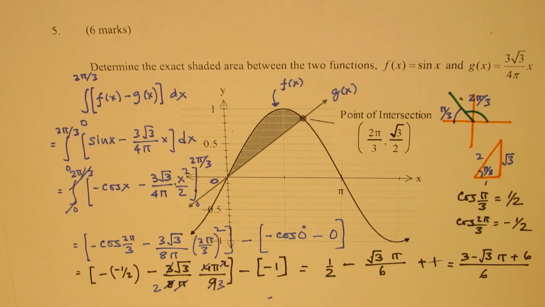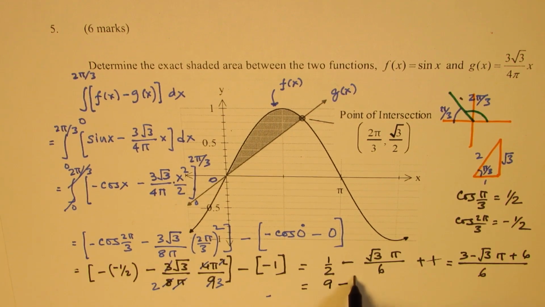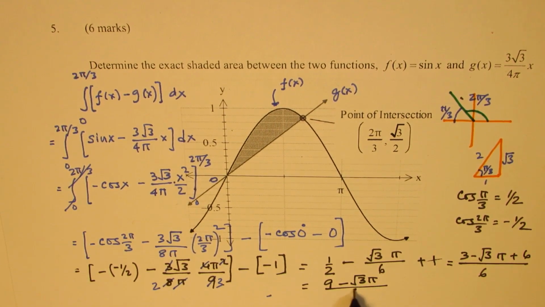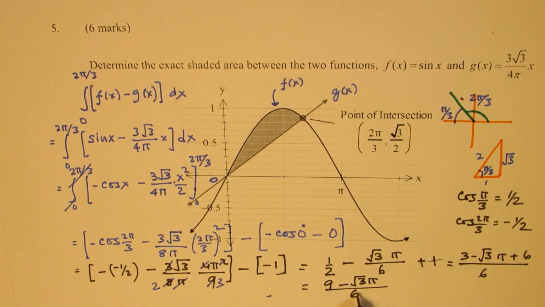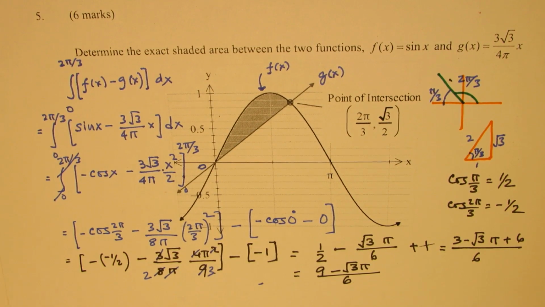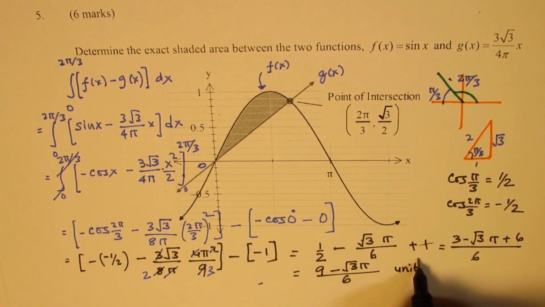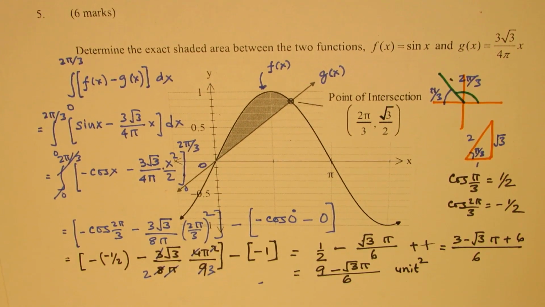So finally, we get our answer, which is 9 minus square root 3 pi, all over 6, right? So we could write this as our final answer for the area, and unit squared will be better to write here. Is that clear to you, right? So that is how we are going to solve this particular question.